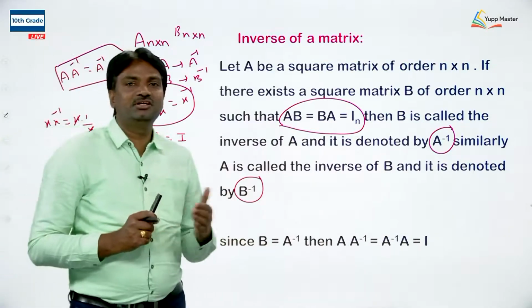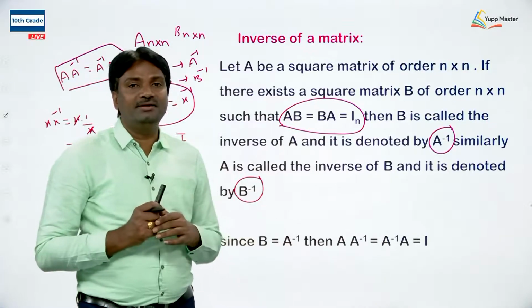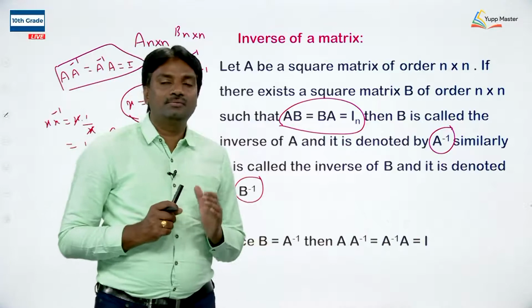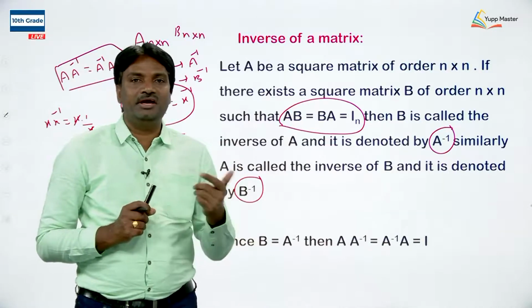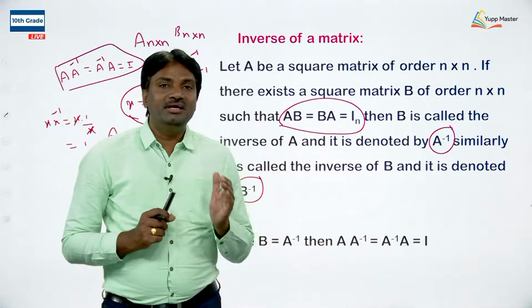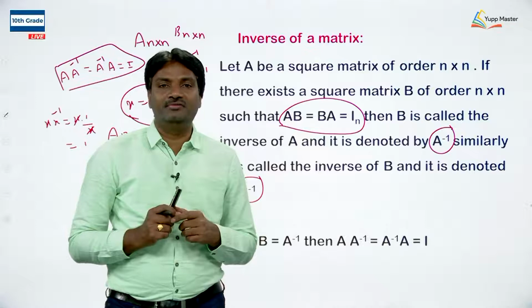In general x into 1 by x equals 1, but in matrices, if A and B are two square matrices of the same order such that AB equals BA equals I, then B is known as the inverse of the matrix A, denoted by A inverse.